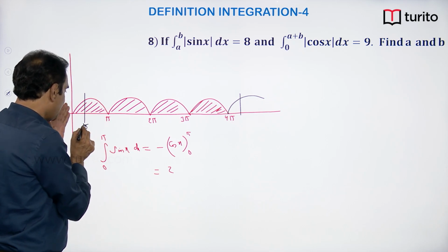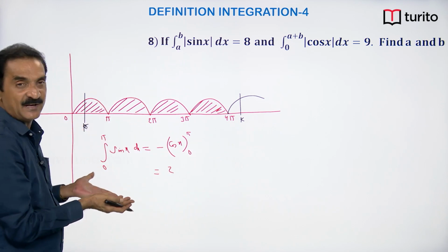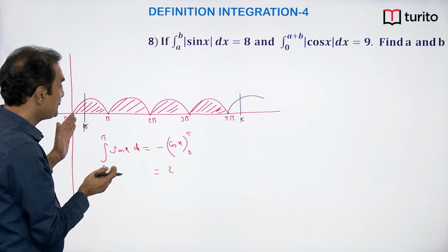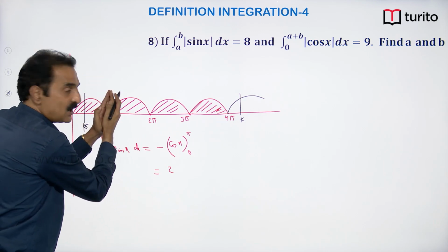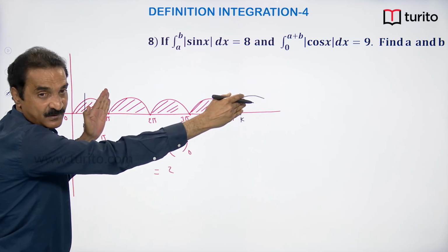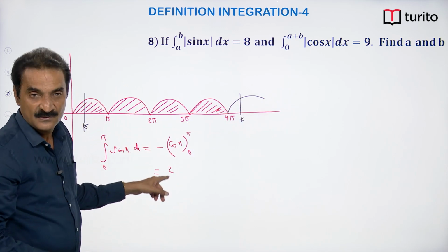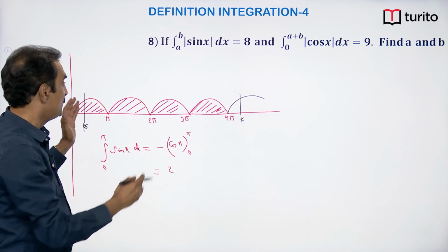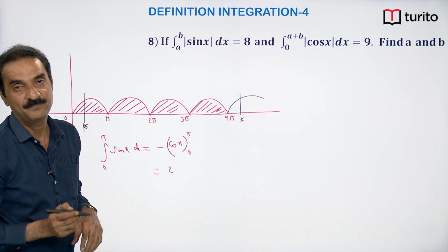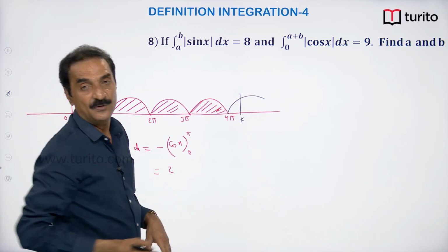Suppose this is k, integral k to 4 pi plus k, then also you will get the same area because this part will be added here. What does it mean? From wherever you start, you integrate up to 4 pi units, up to an interval of 4 pi, the area will be 8. Therefore what we can say is difference between the upper limit and lower limit must be equal to 4 pi. Therefore we get b minus a is equal to 4 pi.